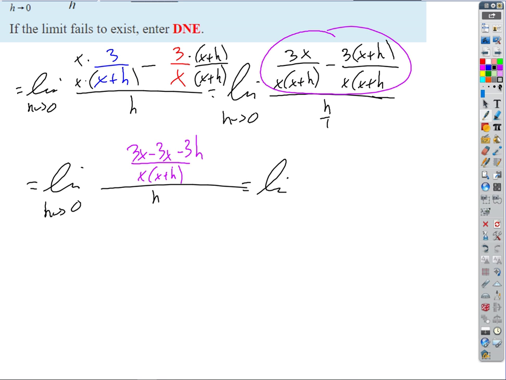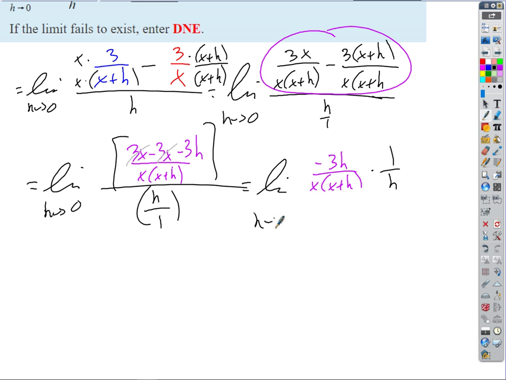So those cancel. I just end up with the limit of negative 3h over x times x plus h. And when I divide by h over 1, I'm just going to flip and multiply. Finally, I can cancel the stuff that's making it indeterminate.